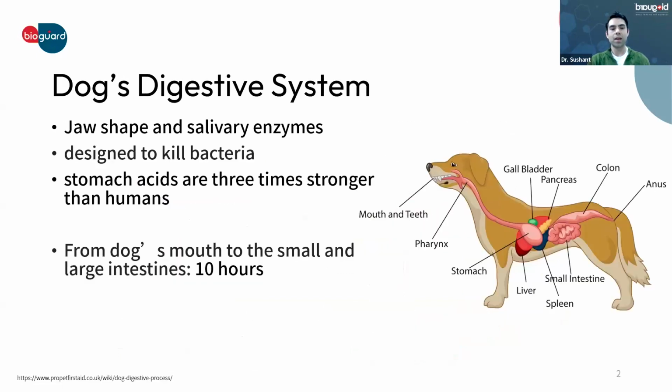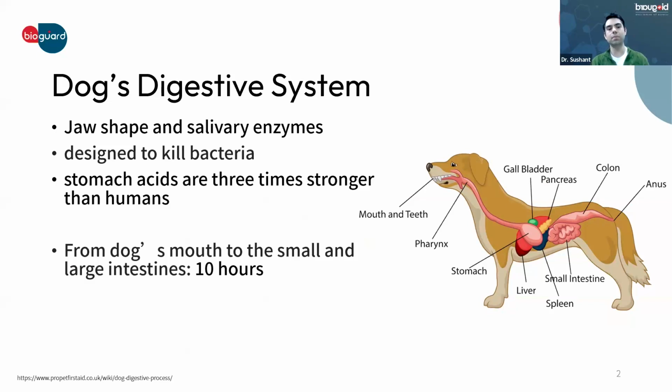To understand the digestive system of the dog: the anatomy of the digestive system of dogs and humans is a little bit different. Dogs have a specific jaw shape, as well as salivary enzymes that are designed to kill a lot of bacteria and other pathogens in the food they are consuming.